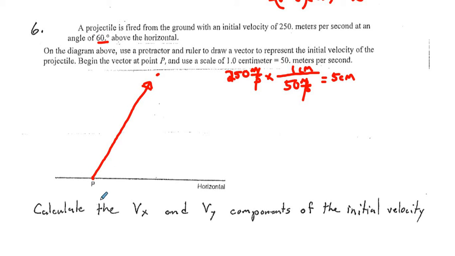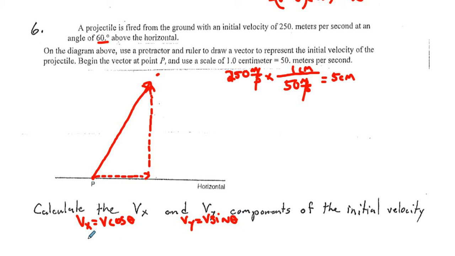Okay, and then if you want to find the components of it, you have a couple of different choices. You could either find the components by just simply measuring these distances. Since you did it to scale, you can measure these distances and then use this conversion factor of how many centimeters per 50 meters per second. Or you can figure it out by just simply using some trig, that the x component is v cosine theta and the y component is v sine theta.